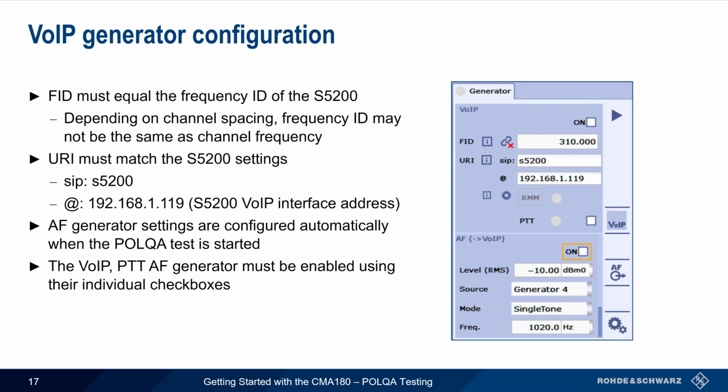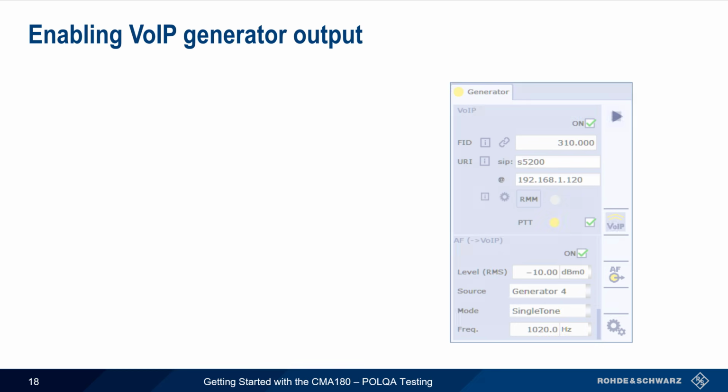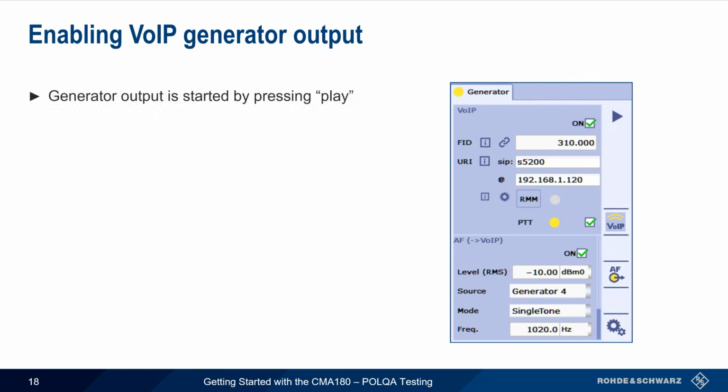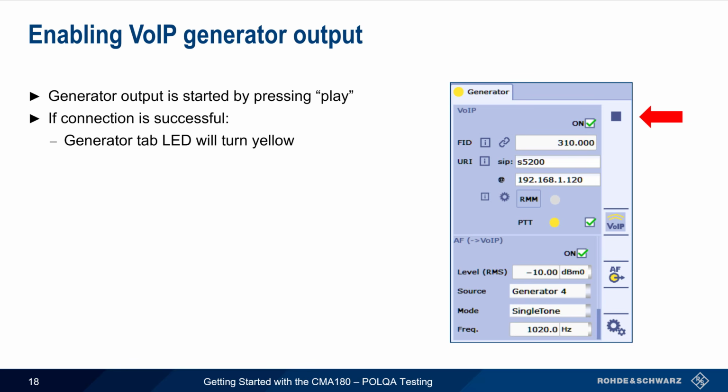The AF, or audio frequency generator settings, are configured automatically when the POLQA test is started. Note too that the VoIP, PTT, and AF generator checkboxes must all be individually enabled. Once these boxes have been checked, generator output is started by pressing the play button within the generator window. If the connection is successful, the generator tab LED will turn yellow.